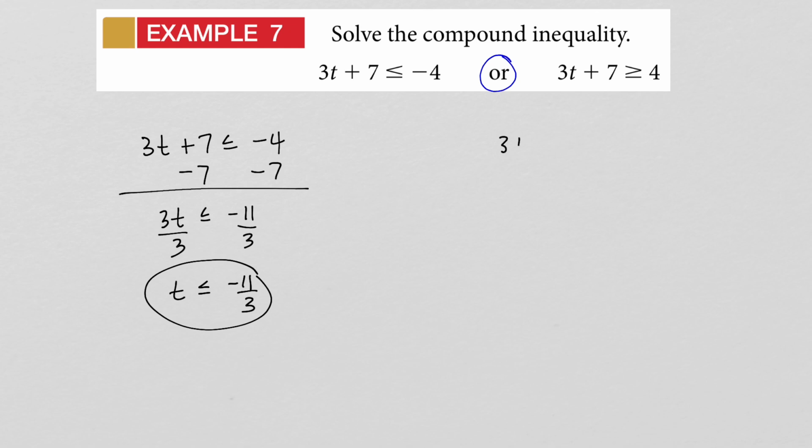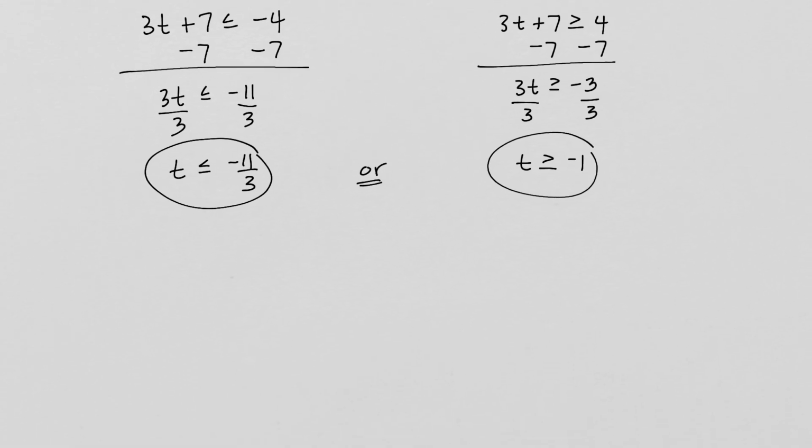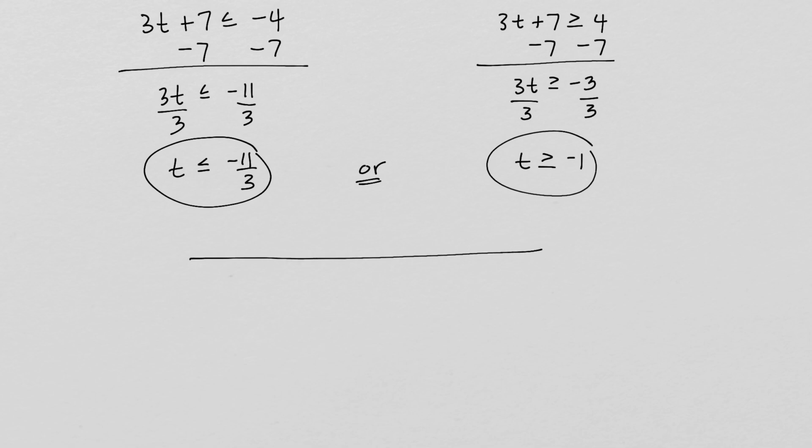And now for the second inequality, 3t plus 7 is greater than or equal to 4. Again, I'm going to subtract 7 from both sides, and then divide by 3. And this gives us t is greater than or equal to -1. And now we're going to graph the solution and put it in interval notation. So on a number line, -11/3 is to the left of -1.